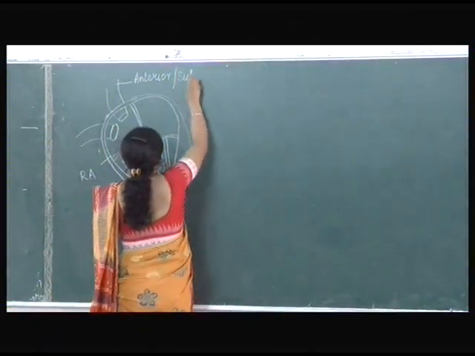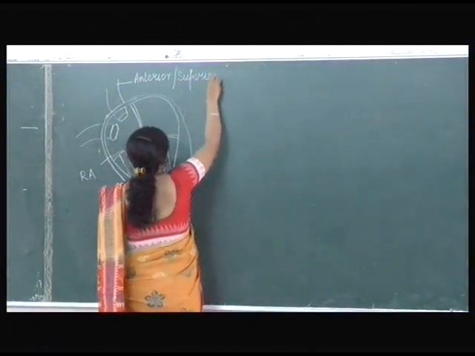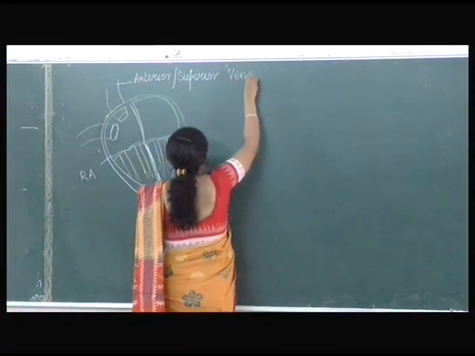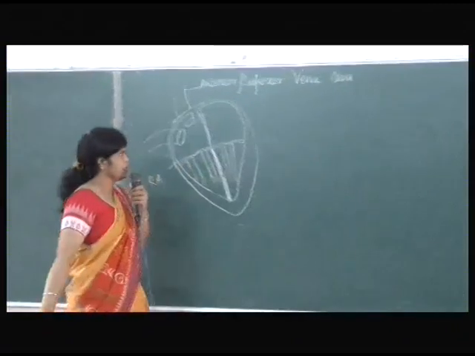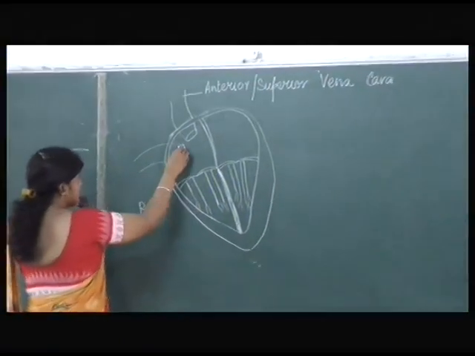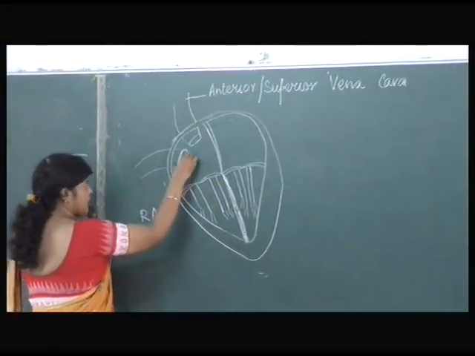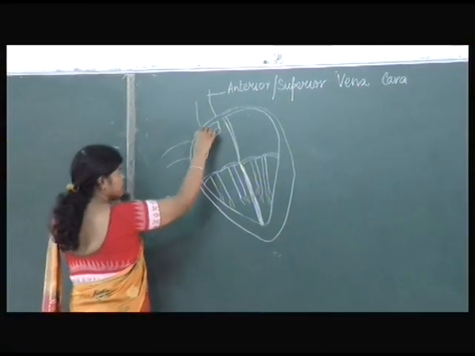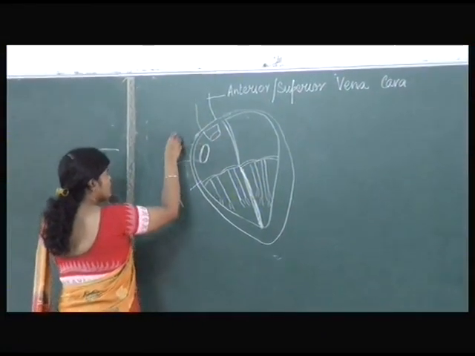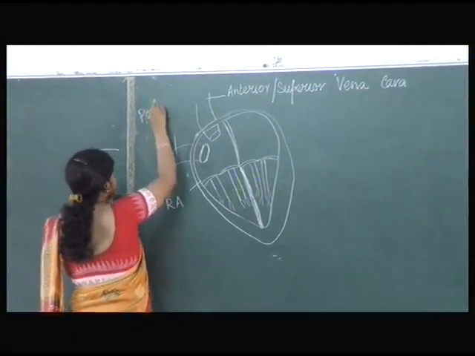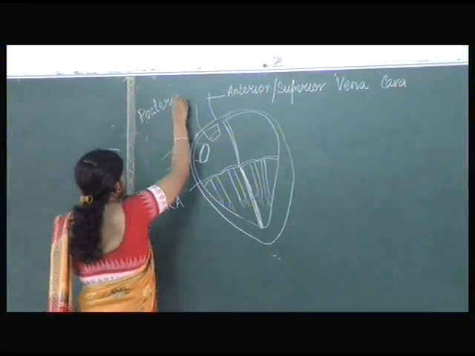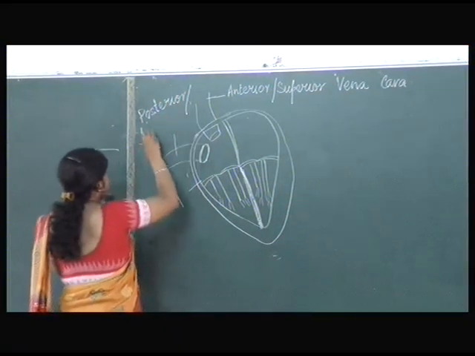The lower one, this one, is much thicker than this one. You can make out, I have drawn it like that. So this one is known as the posterior or the inferior vena cava.